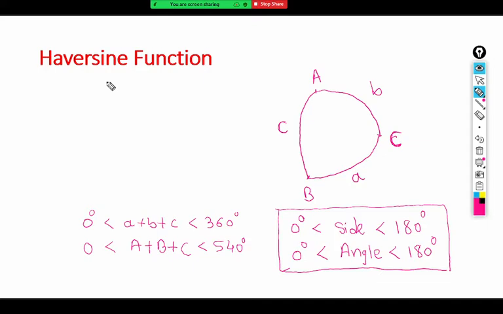Let me give you a simple example here. Can you tell me the value of cos 30? Yes, root 3 by 2, correct. What about cos 150?